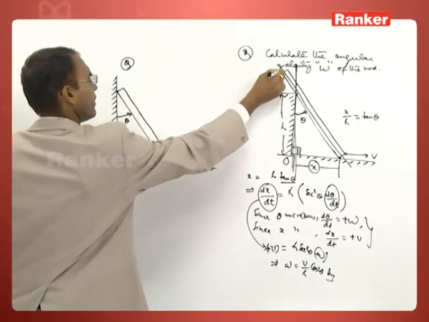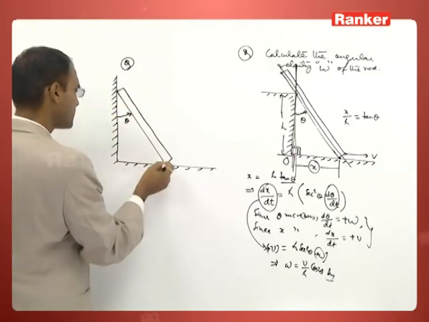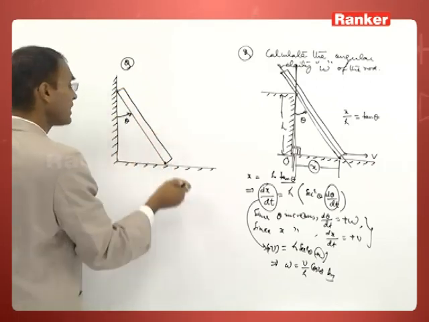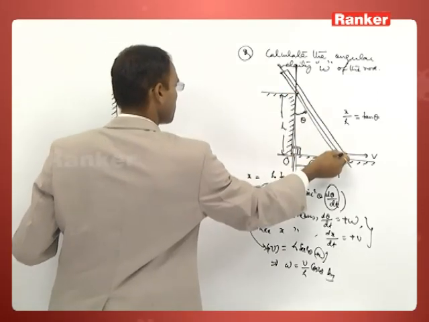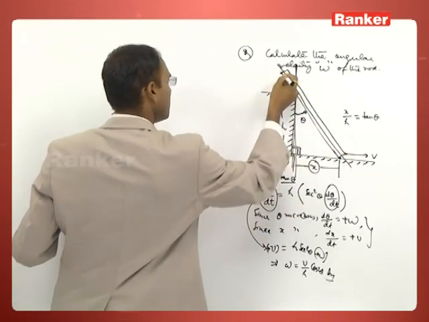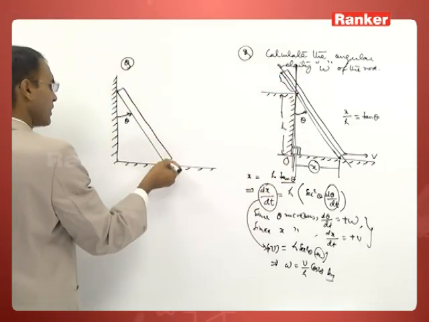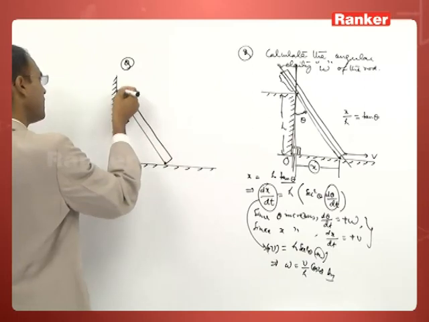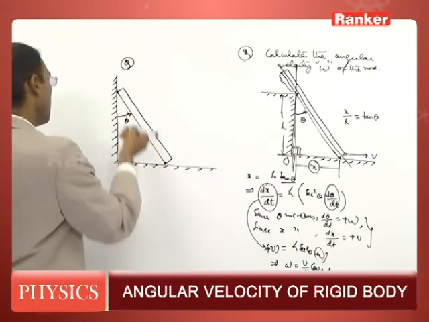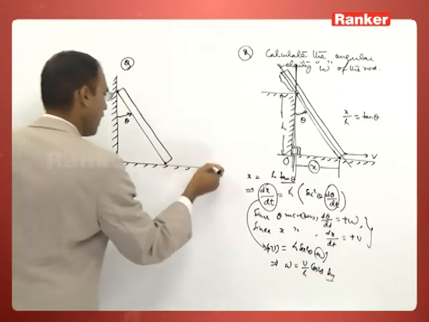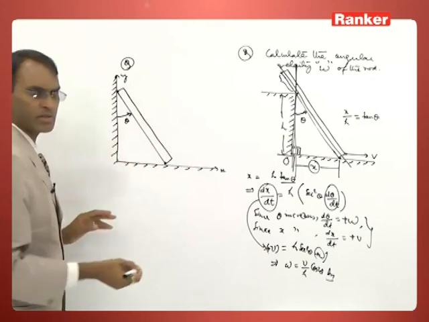The upper part of the rod, there are 2 points of the rod in contact with the surfaces. This point is in contact, this point is also in contact, but here there is a projection. The lowest point and the highest point of the rod are sliding along the x-axis and y-axis respectively.